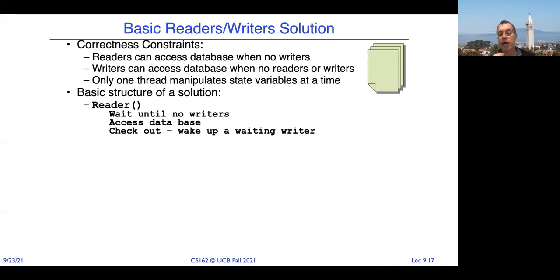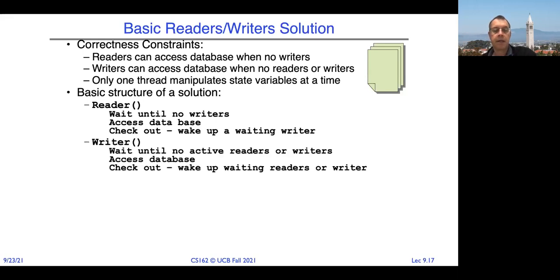For the reader, you wait until there are no writers, access the database, check out, and wake up waiting writers. And the writer waits until there are no active readers or writers, accesses the database, and then checks out and wakes up other waiting readers or writers, right?